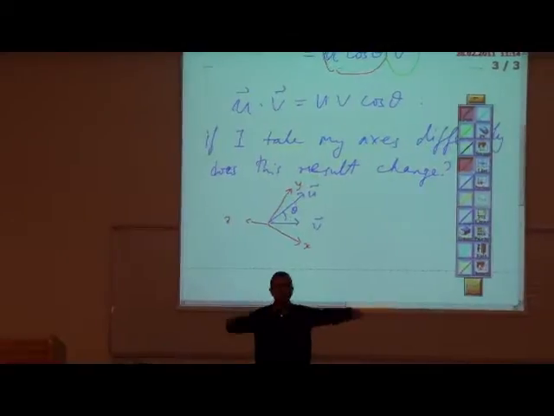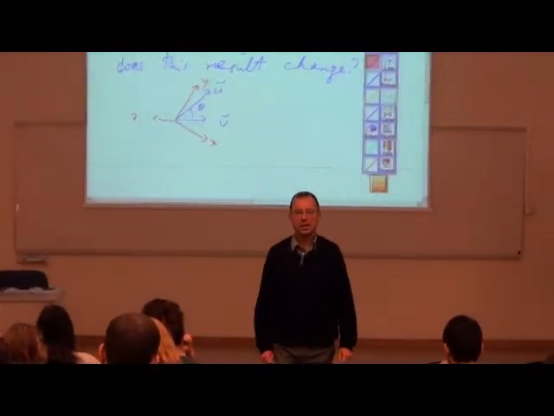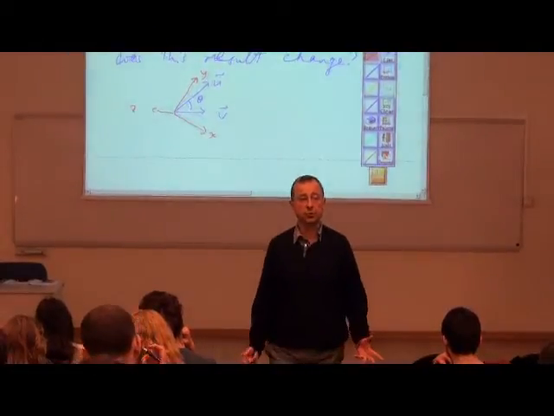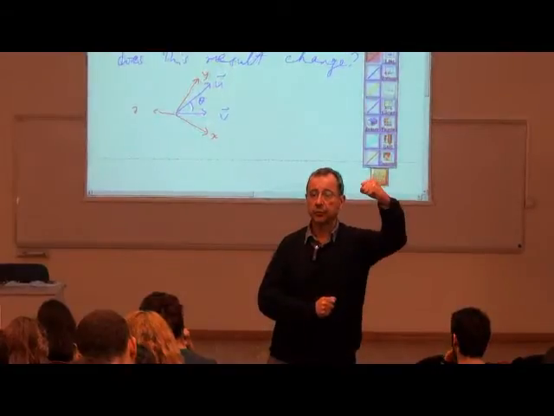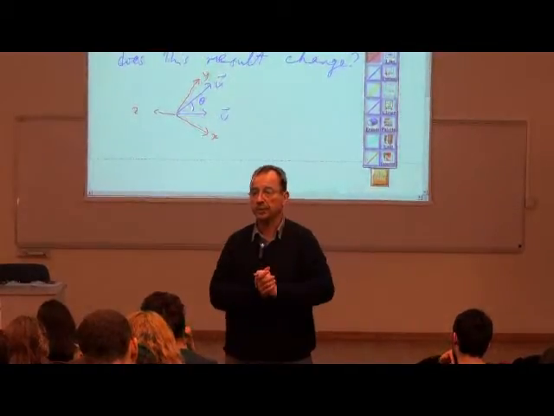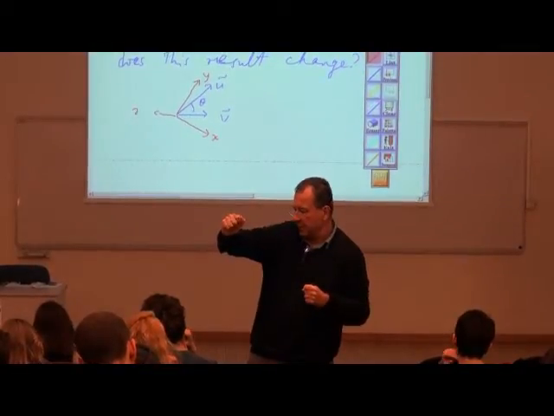And my question to you is, okay, I got this formula, u dot v is the same thing as length of u times length of v times cosine of the angle between them. I got this result by doing a trick, by putting v on the x-axis.